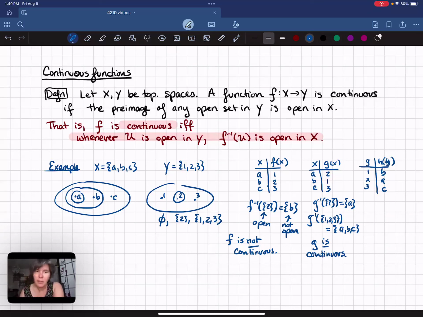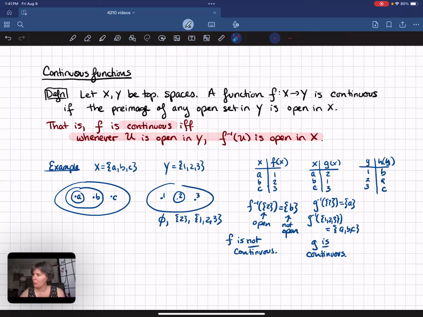Okay, now what about h? h goes in the opposite direction. h goes from Y to X. So again, I have to look at the pre-image of open sets. What are some open sets in X? We're going to start with the codomain for h, which is X. Let's start with singleton a. The pre-image of singleton a is singleton 2. So singleton a is open, and its pre-image, singleton 2, is also open.